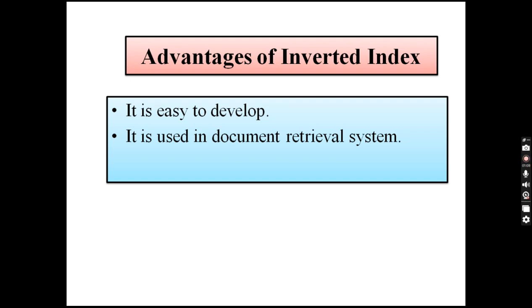We use inverted indexing because whenever you type a word, you will understand where that word is present, whereas in case of forward indexing, it will scan each and every document. For searching a single word, it will search in each and every document, which is a time consuming process. Forward indexing takes more time as compared to inverted indexing. That is the reason why we are using the inverted indexing method in our project.